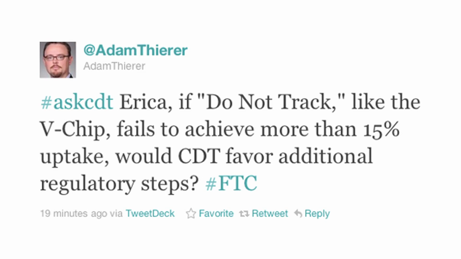And the next question comes from Adam, and he asks, if Do Not Track, like the V-chip, fails to achieve more than 15% uptake, would our organization favor additional regulatory steps? And I guess we should probably first address what the V-chip is. Sure. So the V-chip was a technology mandate from Congress that required that all TVs build in a certain technology that would give parents control over whether their kids could watch certain content.